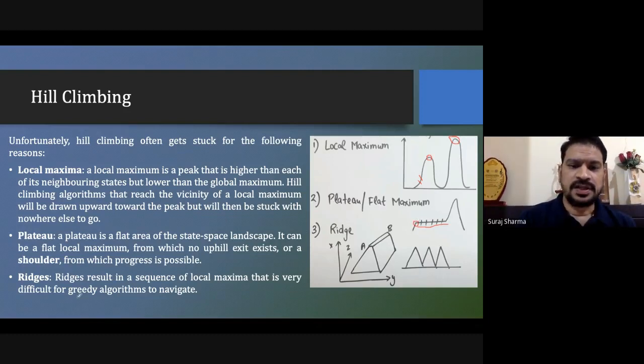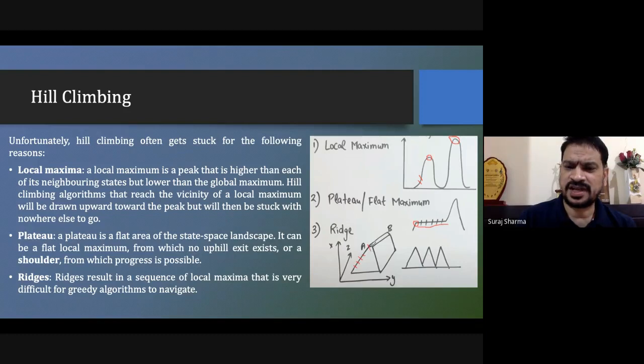Okay. If you get a ridge surface, a ridge results in a sequence of local maxima, which is very difficult for a greedy algorithm to navigate. If you see, this is a 3D diagram where we have X, Y, and Z axes. You have started your journey from this particular ramp. So you go up the hill, and you reach that particular state.